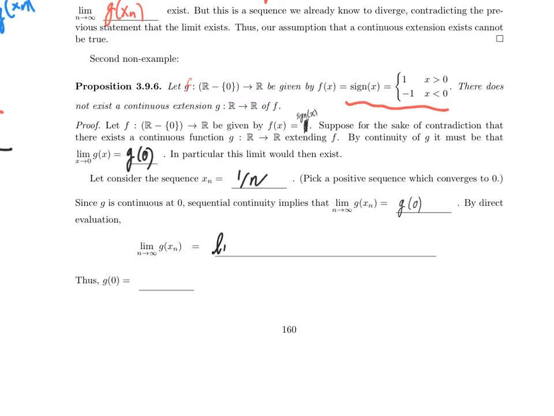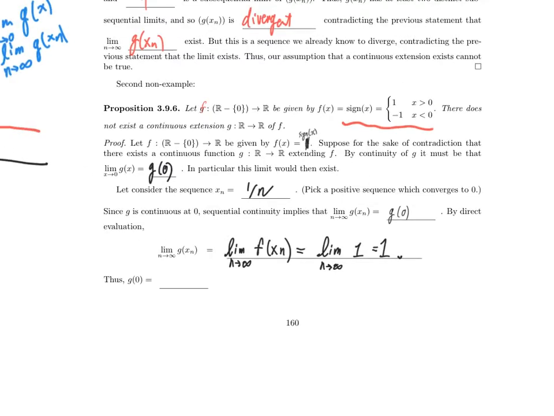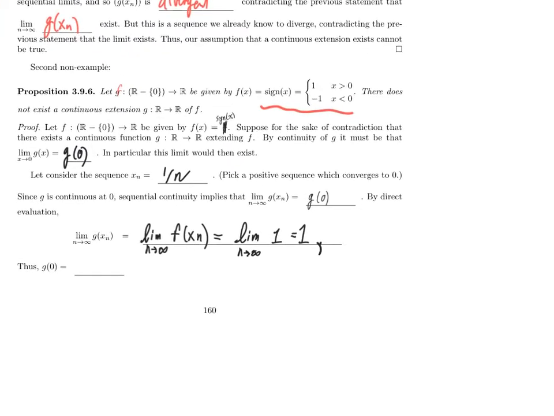That'll be the same thing as the limit as n goes to infinity of f of x sub n, which is equal to the limit as n goes to infinity of 1, because the sequence of numbers is positive, is 1. And maybe I'll put a sentence of explanation.